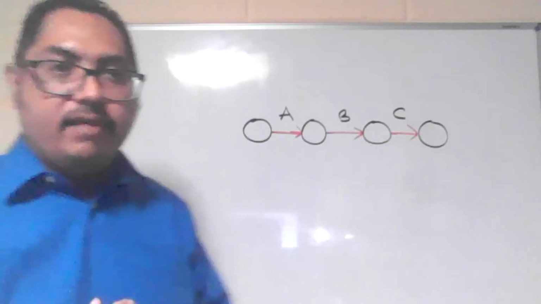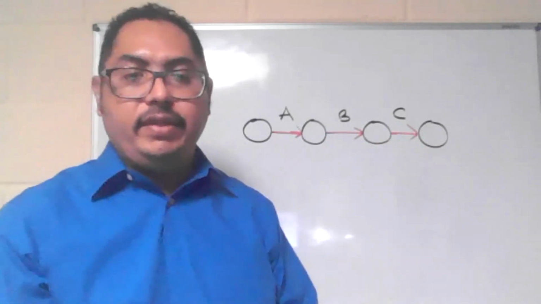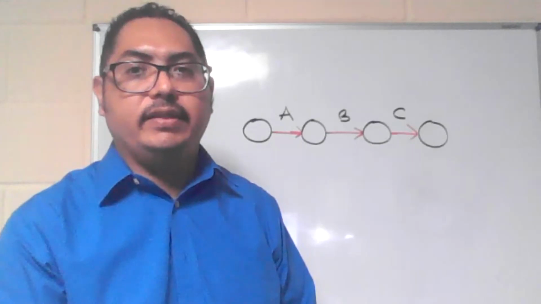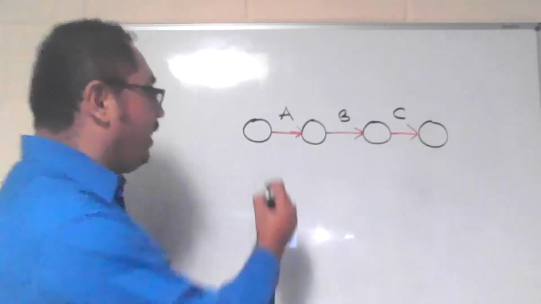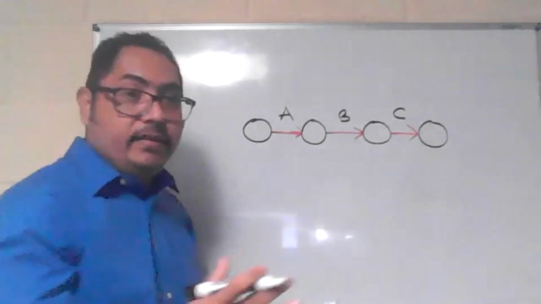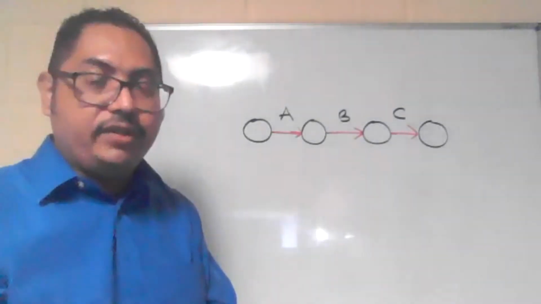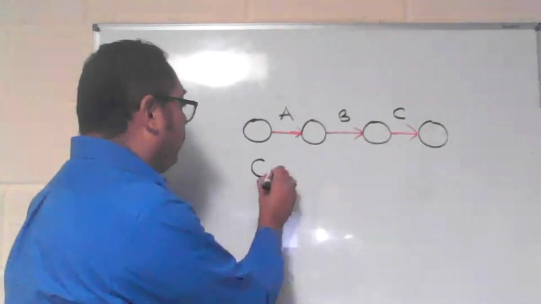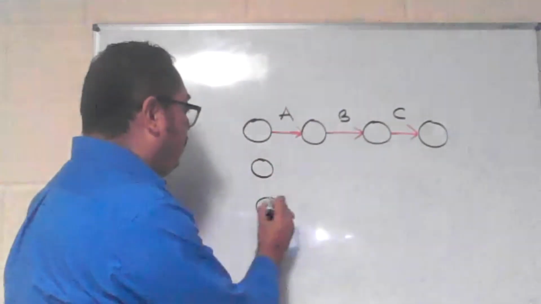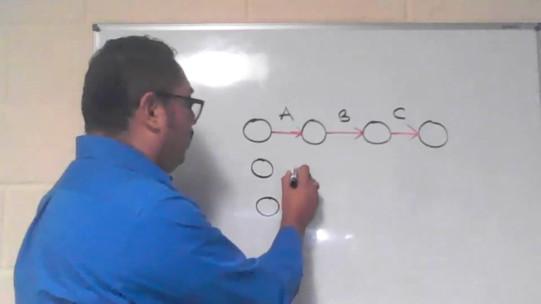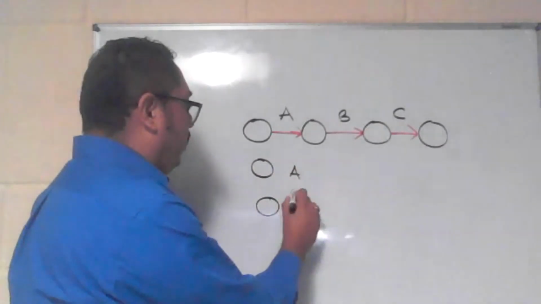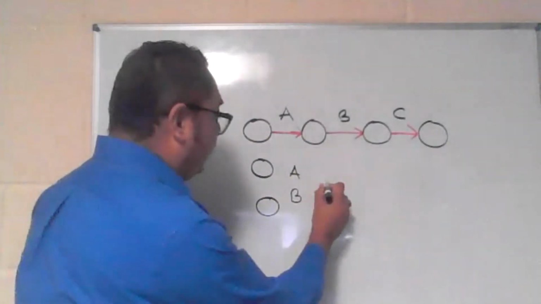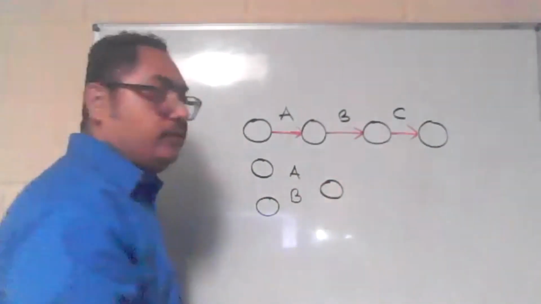Let's say we have activity A and B as the predecessors of activity C. Again, we need to draw the starting point of the activity, the activities themselves, and the end point of the activities.